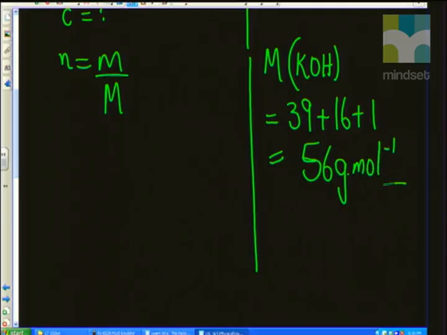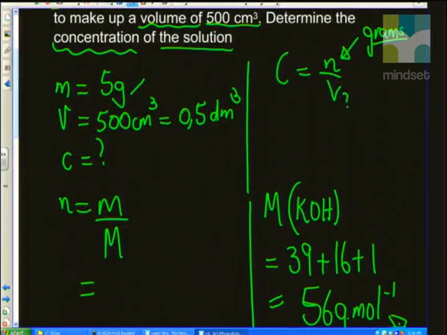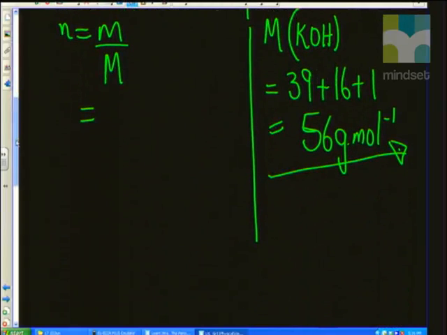This is the molar mass of potassium hydroxide. So I can then find the number of moles because I'm given the mass to be 5 grams. There is the mass. So I'll say this is 5 divided by 56 to get the number of moles.